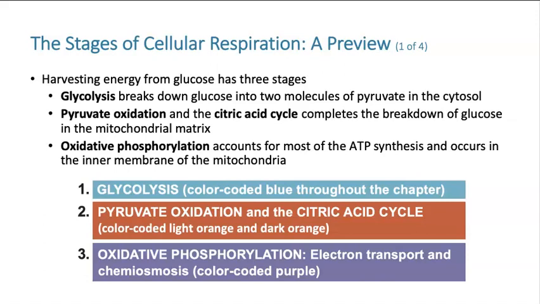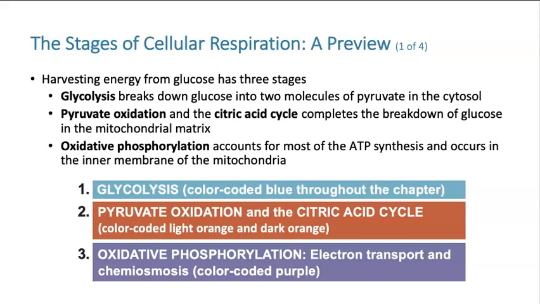The next stage is pyruvate oxidation and the citric acid cycle. In these stages, we have a complete breakdown of glucose. This happens in the mitochondrial matrix, and at the end of this, all the carbons from the glucose molecule are changed into molecules of carbon dioxide.